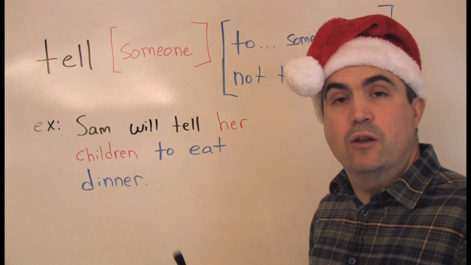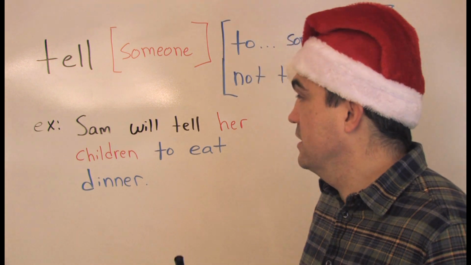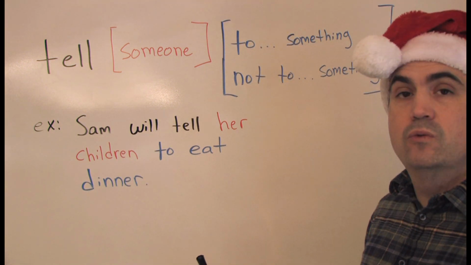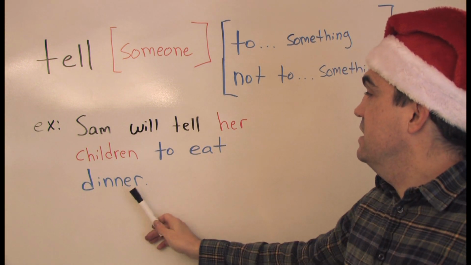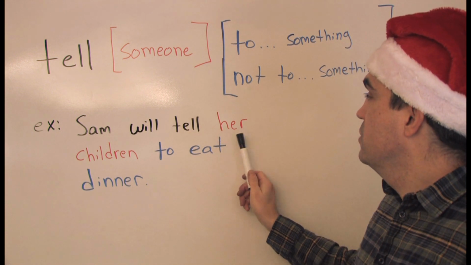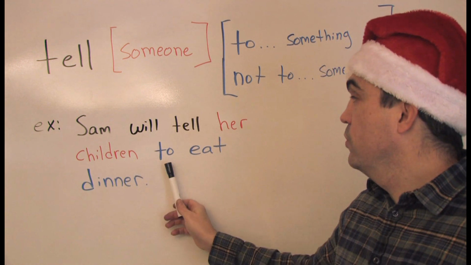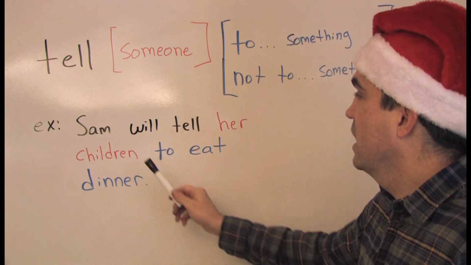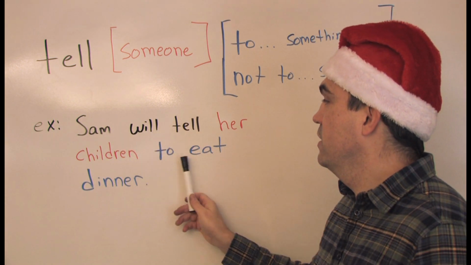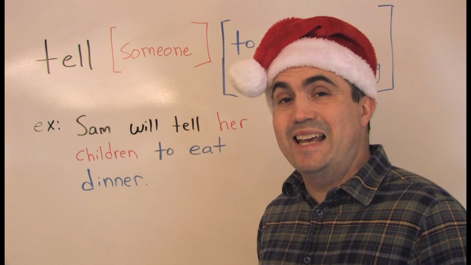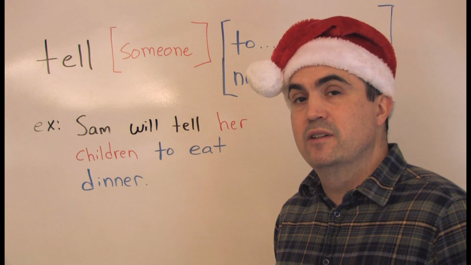Sam will tell, ooh, future tense, that's okay. Sam will tell her children, what? To eat dinner, okay? So we're using tell, we're using someone, and then we're using to, and then something. Sam will tell her children to eat dinner, okay? This is how we can use tell with commands.